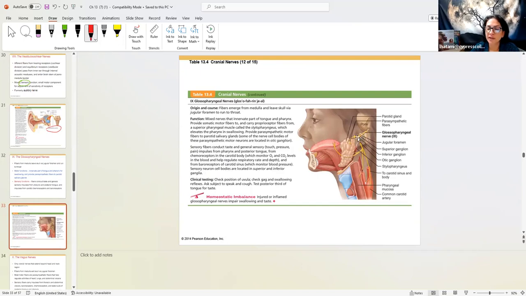Then it's going to innervate the tongue muscle related to swallowing and also the skeletal muscle of the pharynx. Then the parasympathetic fibers are going to innervate the parotid gland, and for the sensory function, it's going to carry the general sensory and also the taste information from the tongue and also the pharynx toward the brain.